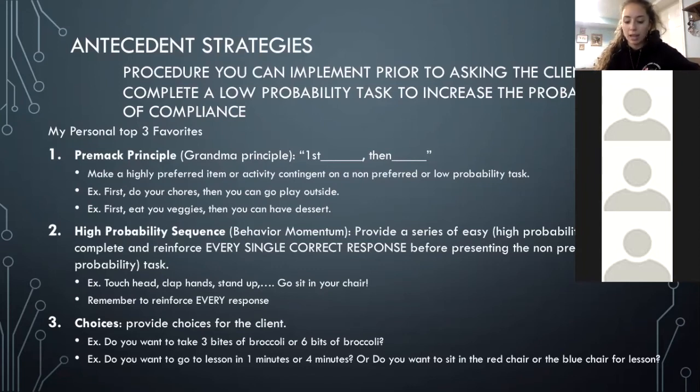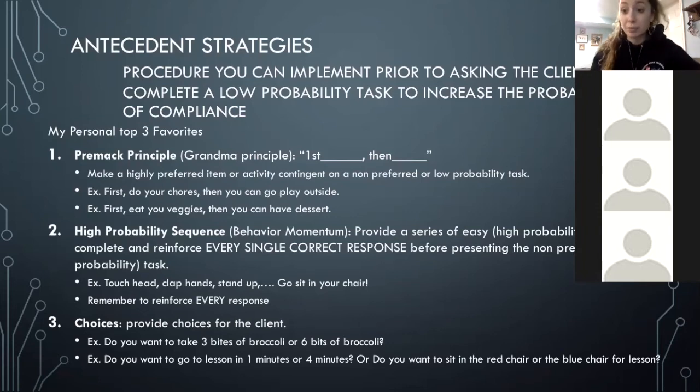So before I ask my client to do something that's super hard that I know maybe in the past has triggered some problem behaviors like aggression or non-compliance, I can use these antecedent strategies. Remember, antecedent means before the behavior.